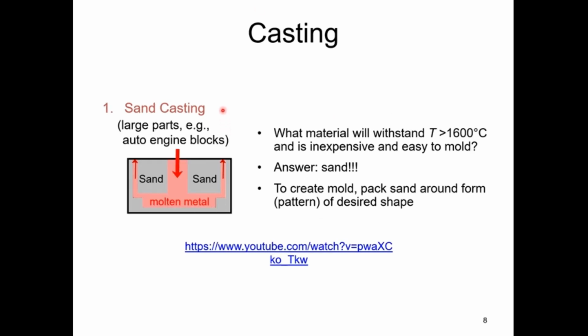Sand casting is the most common method used, where we can use ordinary sand as the mold material. A two-piece mold is formed by packing sand around a pattern that has the shape of the intended casting. Sand casting is normally used to produce large parts, such as automotive cylinder blocks, fire hydrants, and large pipe fittings.